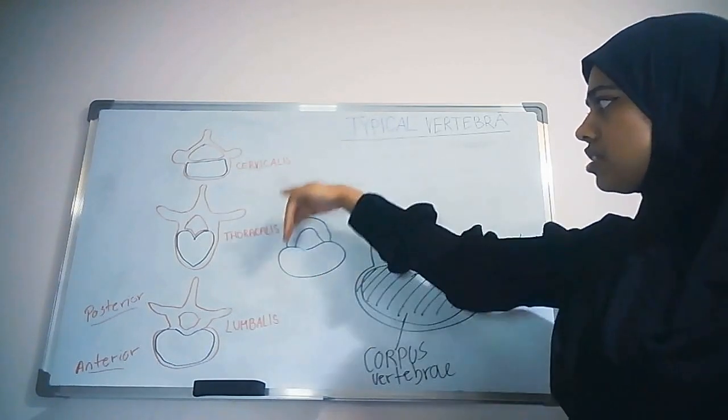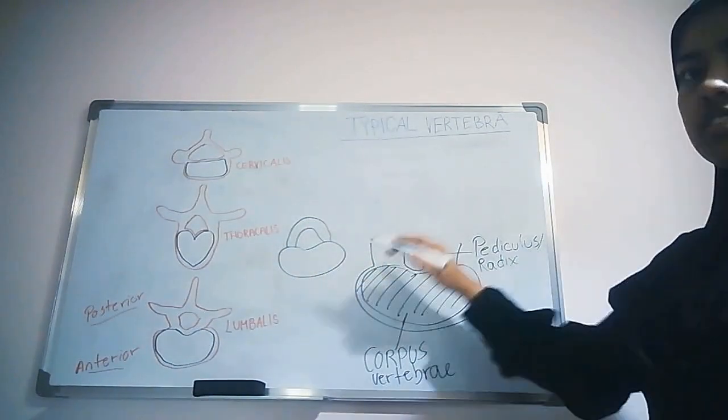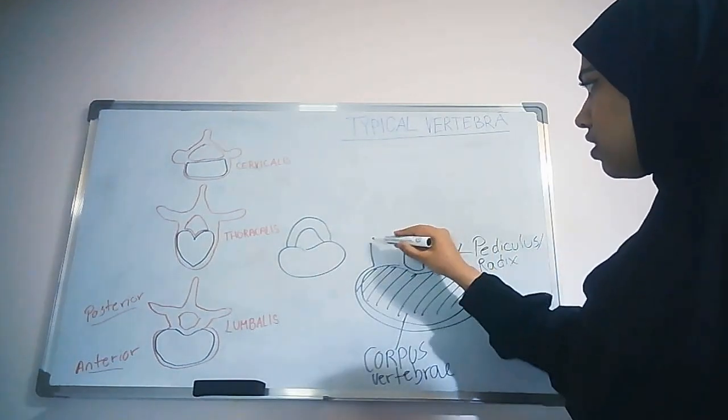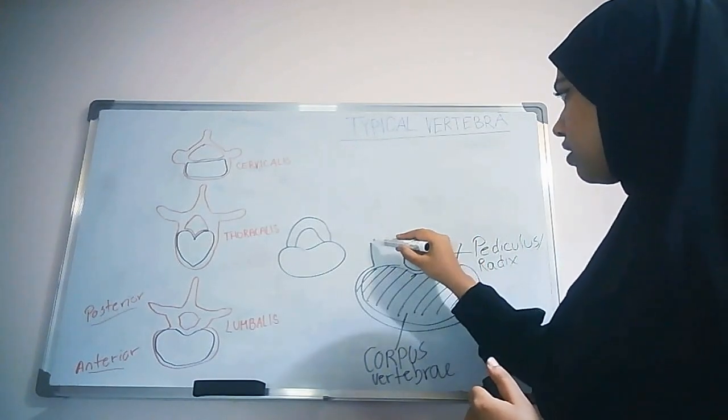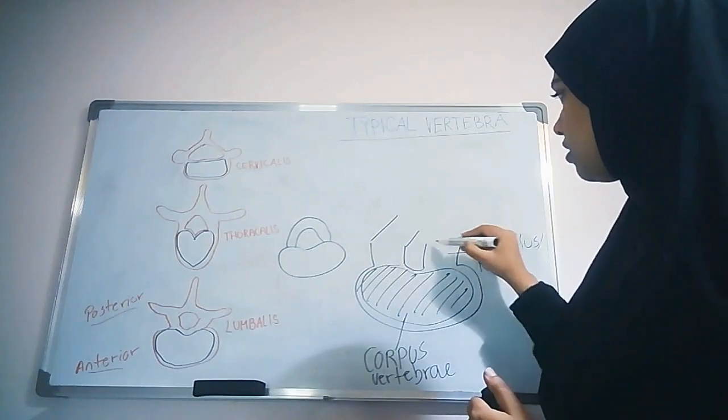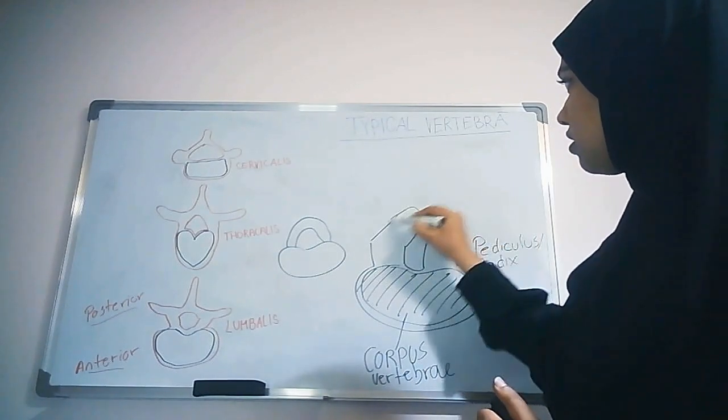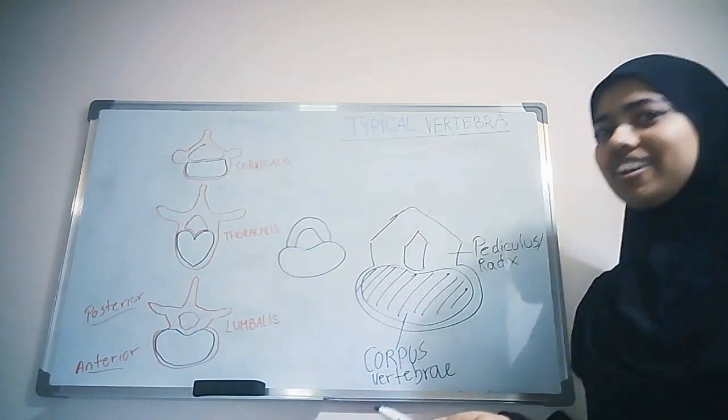Now this arch, as you can see, goes around and the two sides connect to each other, and it does that by these thin plates. So like a thin plate here and a thin plate here, and ta-da! Now we have an arch.